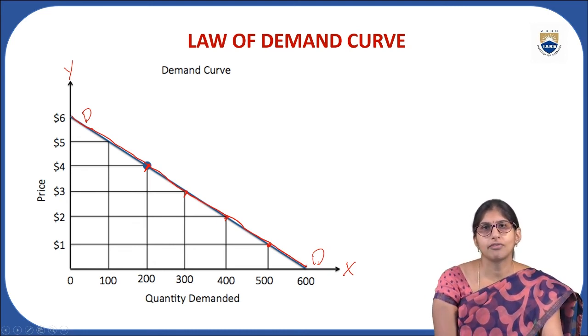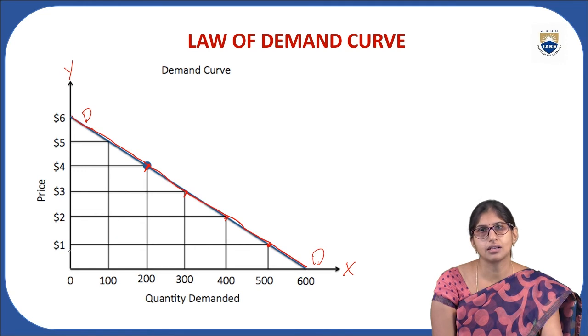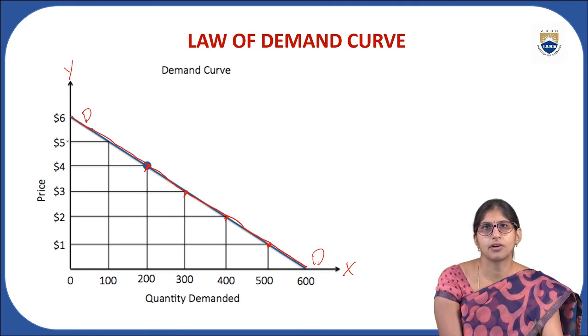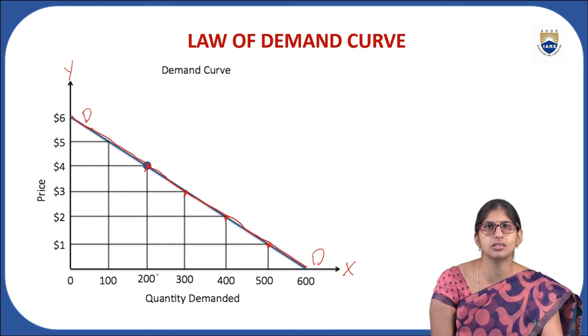In the vice versa case also, we can see it in a different way. When the price is $5, the quantity demanded is 100. When the price has decreased to 4, the quantity demanded increased to 200. When the price is $3, the quantity demanded increased to 300.